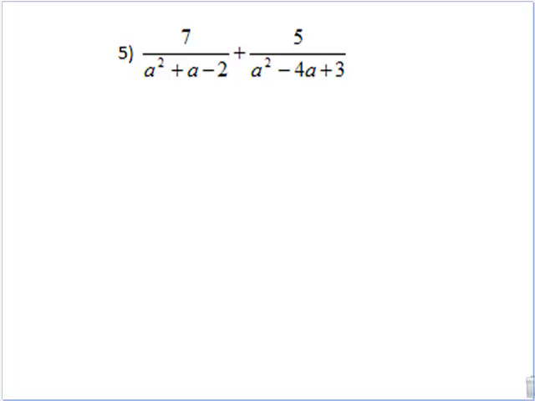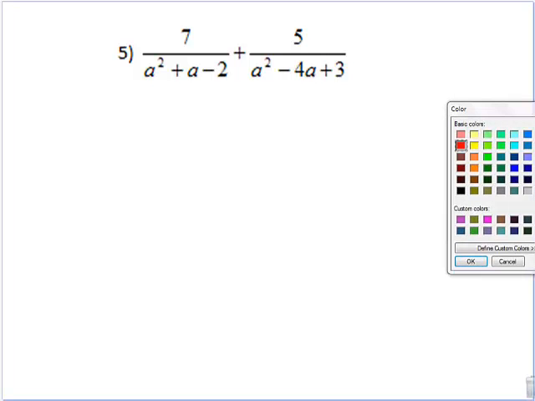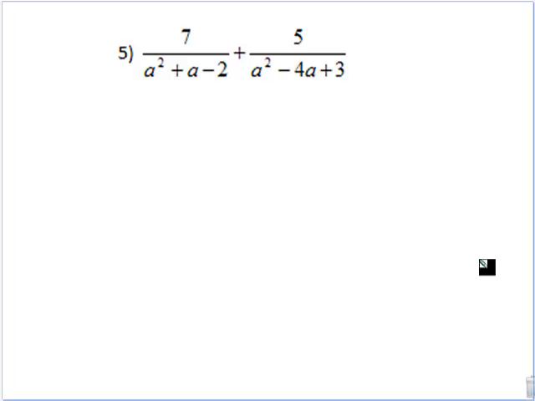All right. Let's do one that's got some factoring now involved. So 7 over a squared plus a minus 2 plus 5 over a squared minus 4a plus 3.